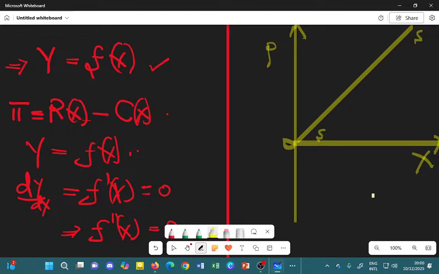But if f of x here represented the supply curve, then we would be expecting a curve that deviates from the straight line, one where market dynamics will allow quantity supplied to increase with price.